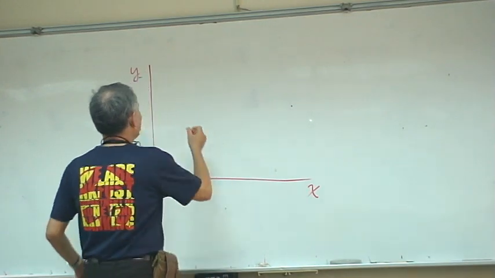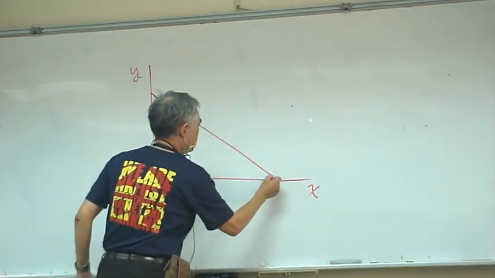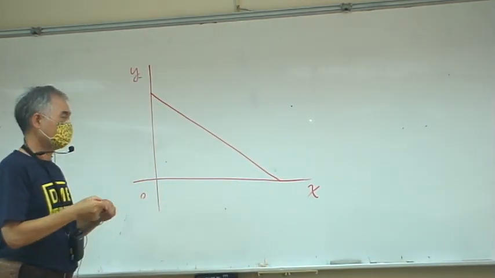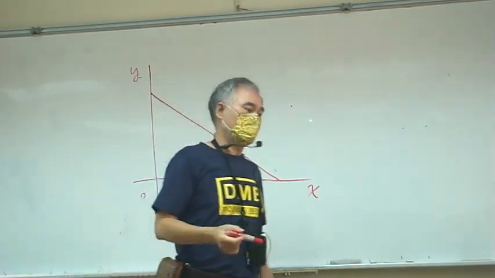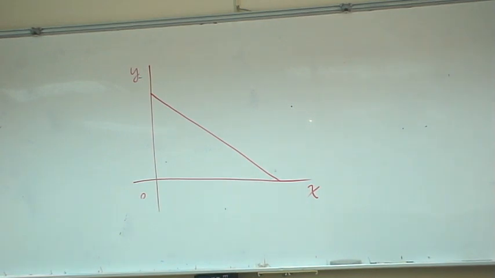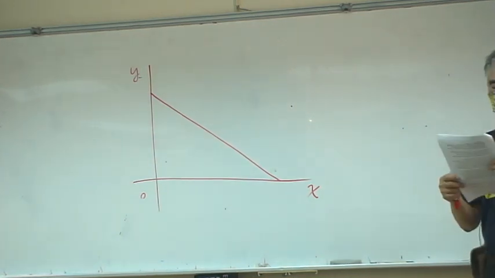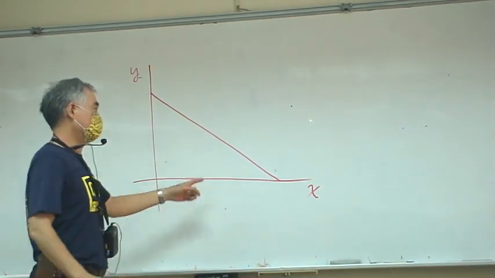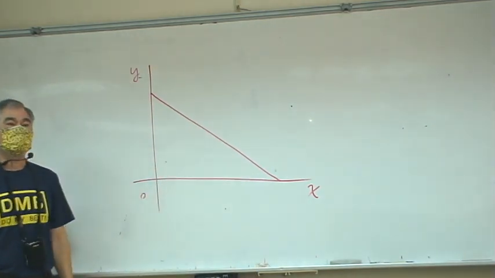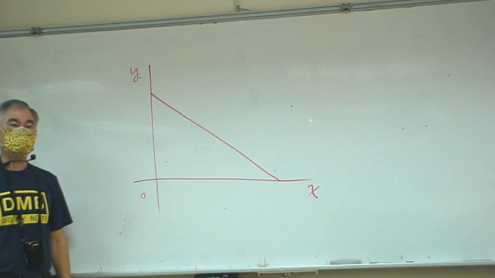So let us say this is the original budget line, okay? And price goes up. So how does the budget line move? When price goes up, how will this budget line move?